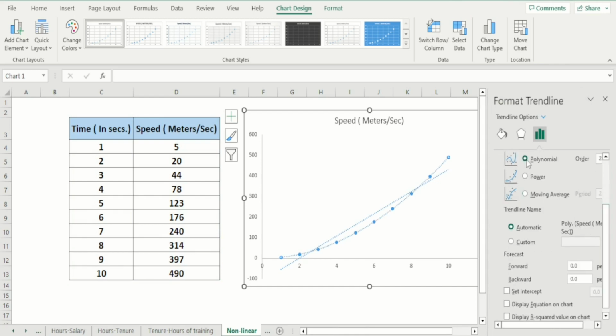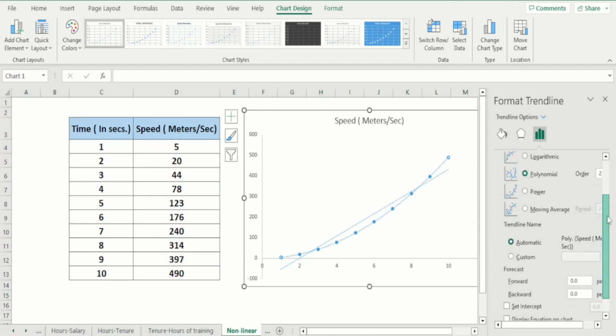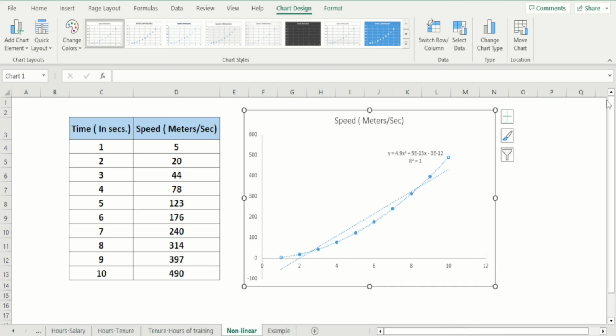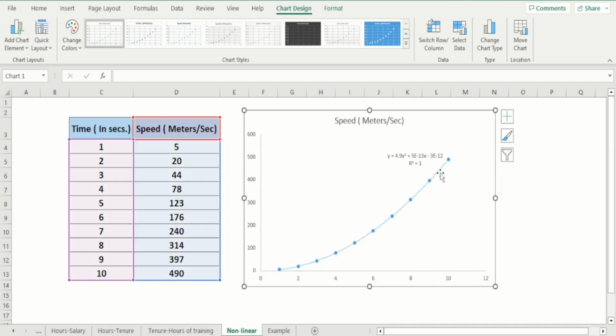So we'll choose polynomial right here instead of the usual linear relationship, and we can display the equation. There we are. We have the equation right there. So as you can see here, let's just remove this one if we can. There we are.